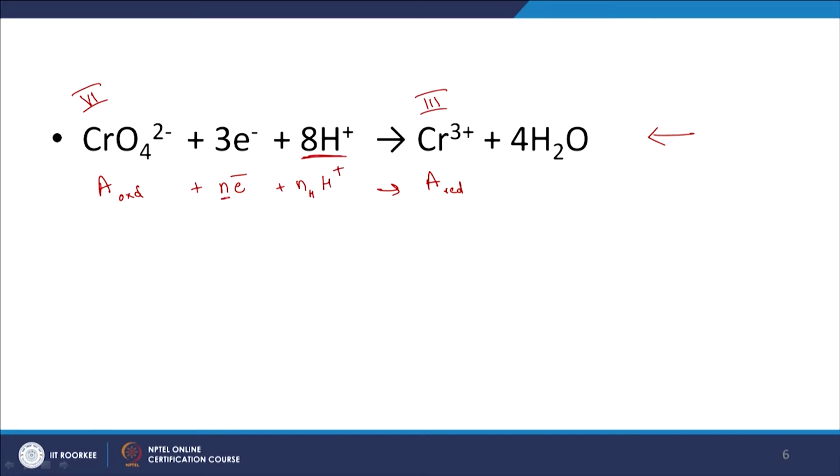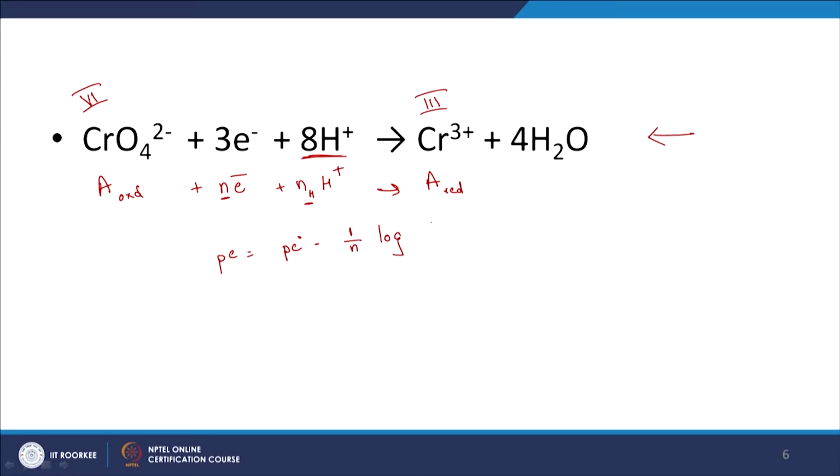So n is the number of moles of electrons and nH is the stoichiometric coefficient of H plus here. Let us see how we can modify the equation for our particular case. We know that Pe is equal to Pe naught minus 1 by n log of q dash.